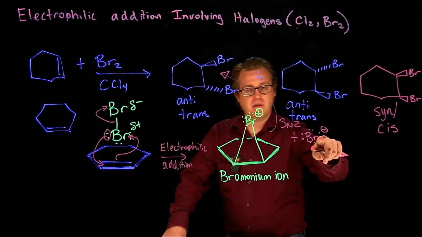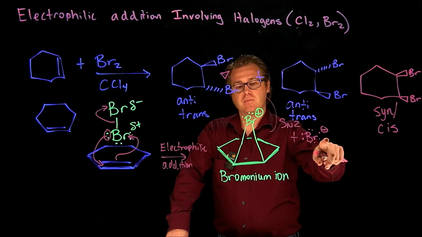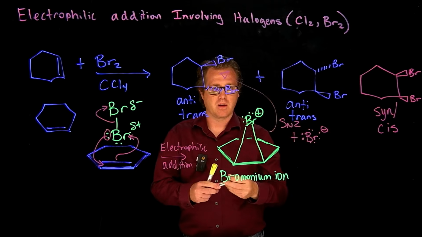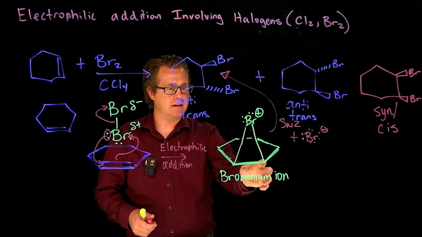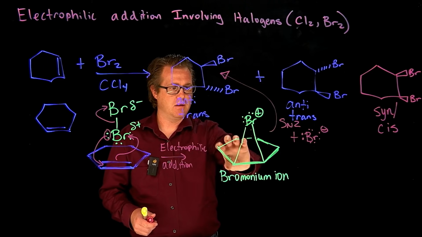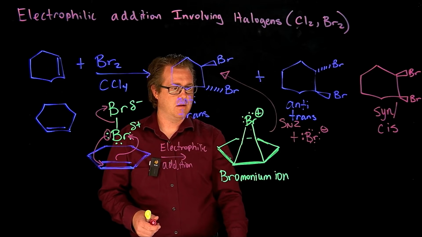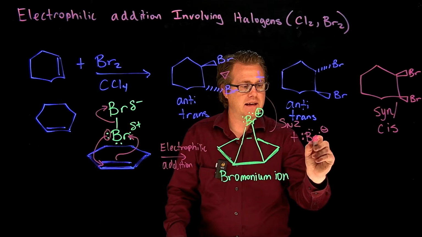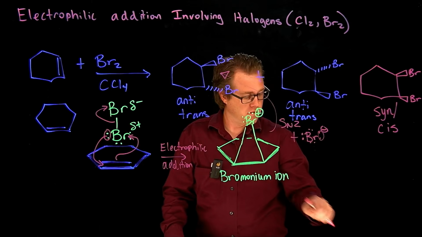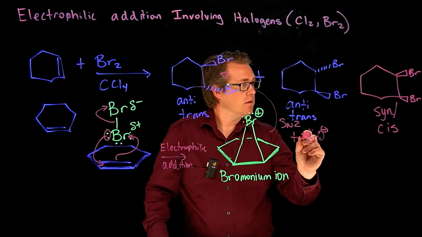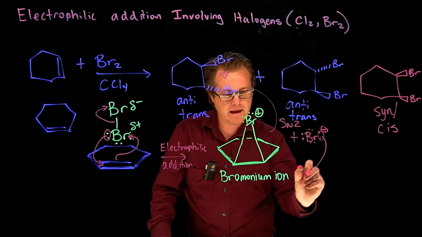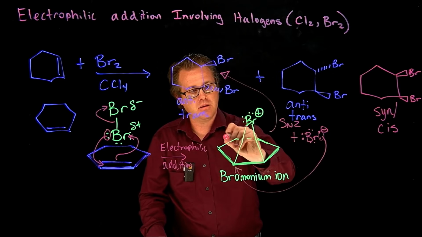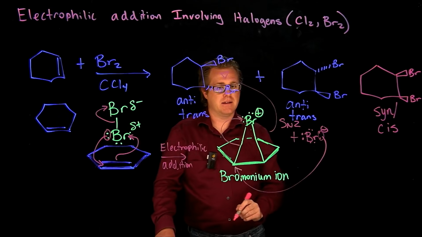So we're going to take the bromide, okay, just making sure this looks right here. If I rotate that, and the bromide comes in and attacks. The bromide would come in and attack here, breaking the carbon-bromine bond, putting the electrons back.